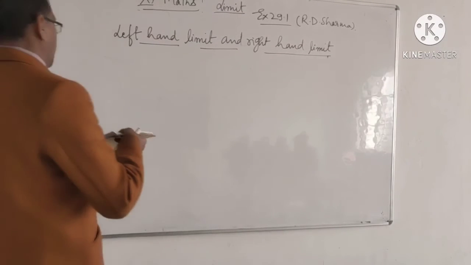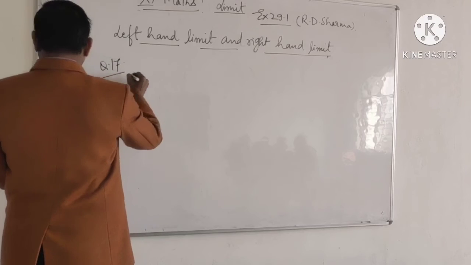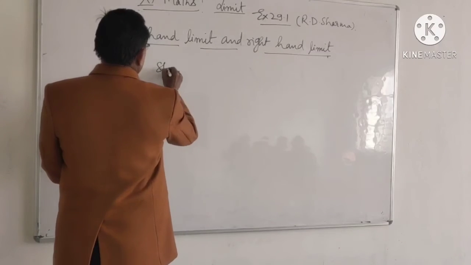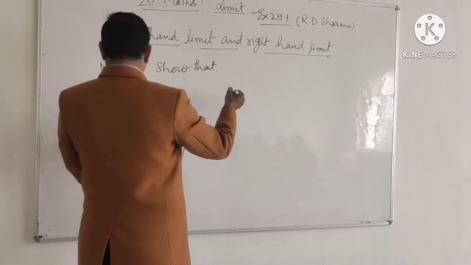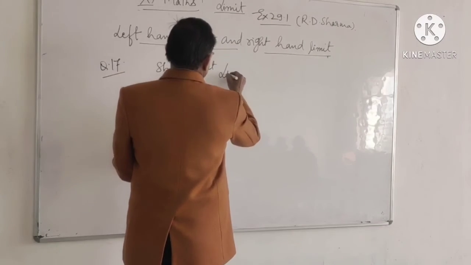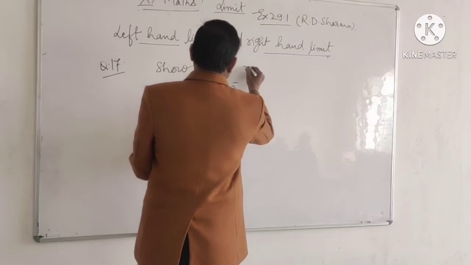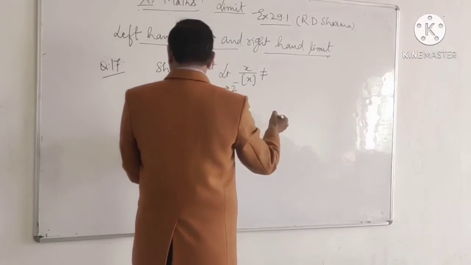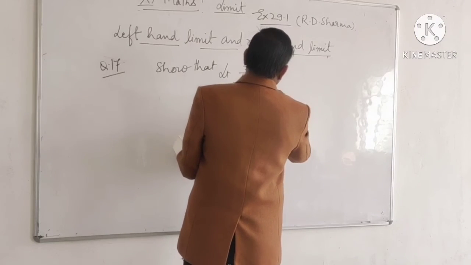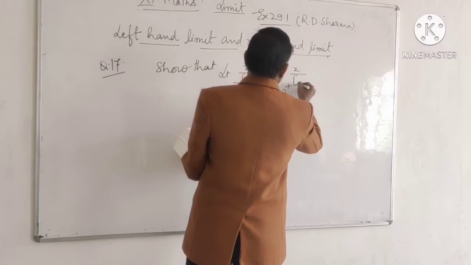Next is question 17. Show that limit x tends to 2 minus of x upon greater integer function x is not equal to limit x tends to 2 plus of x upon greater integer function x.